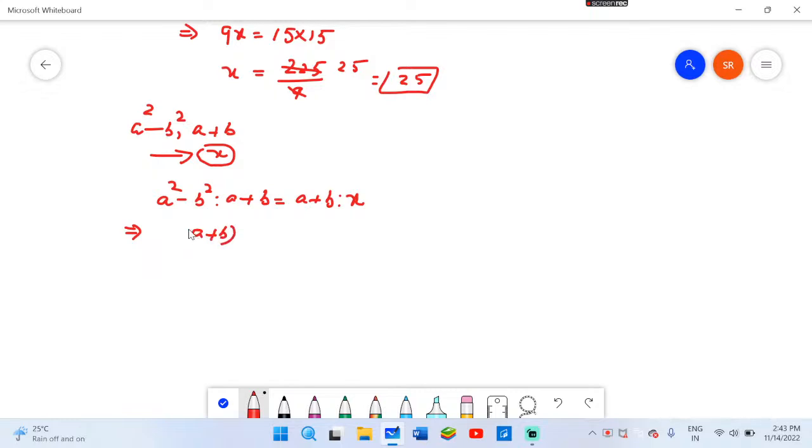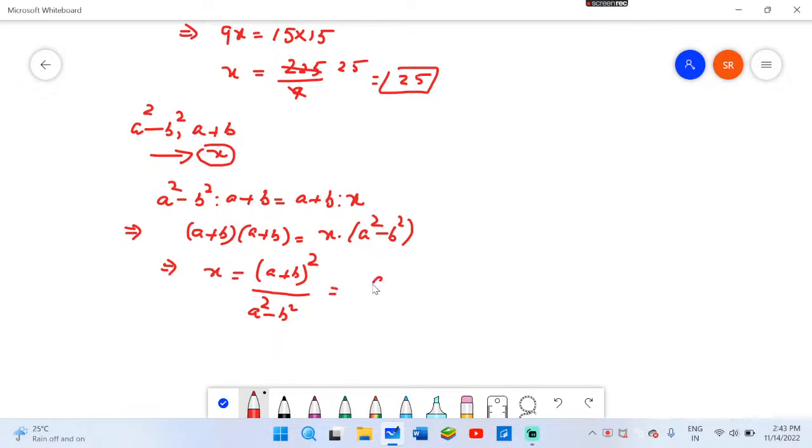That says a plus b into a plus b is equal to x into a square minus b square, giving me x is equal to a plus b whole square upon a square minus b square.